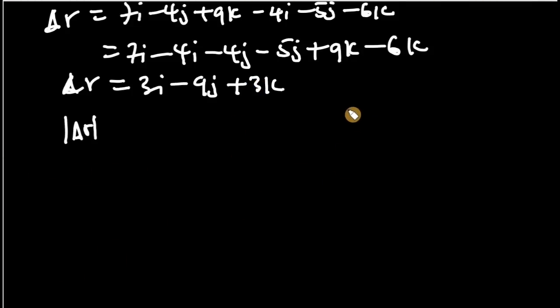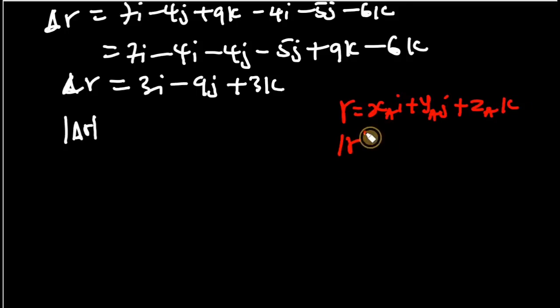If a vector is given, in this case position vector is given as XA i plus YA j plus ZA k. What we looked at here is a change in position vector, which is given by the displacement vector. So you can find the magnitude of this displacement vector.